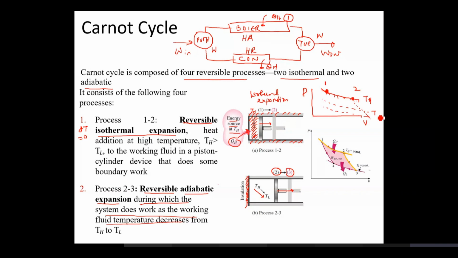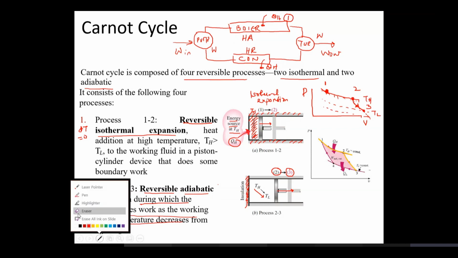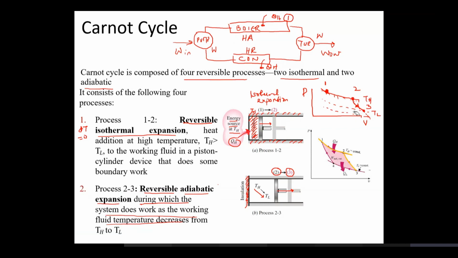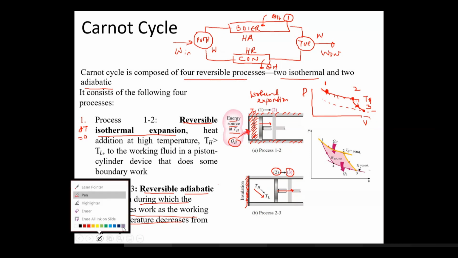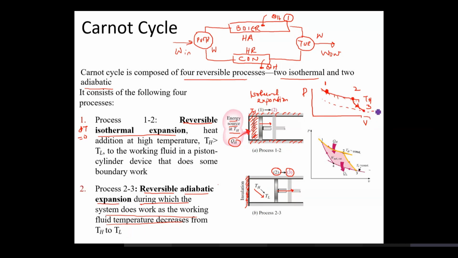This line is the lower temperature line. So my system moved from 2 to 3, again expanding, but this time during the expansion there was a decrease in temperature. So this is TL.